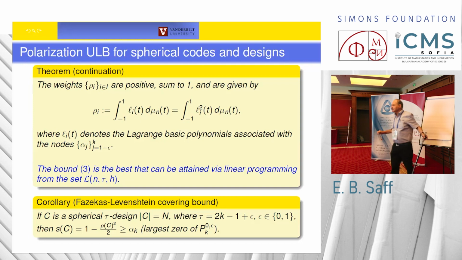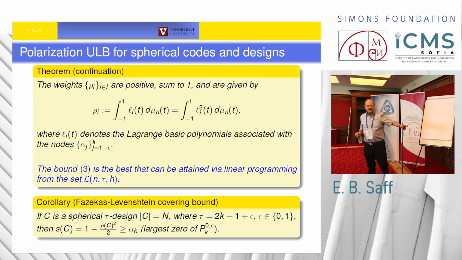So it's the same argument as the one we gave earlier to get this lower bound. So this is a lower bound on the angular cosine, so it's an upper bound on the Euclidean covering radius for these codes. Okay.